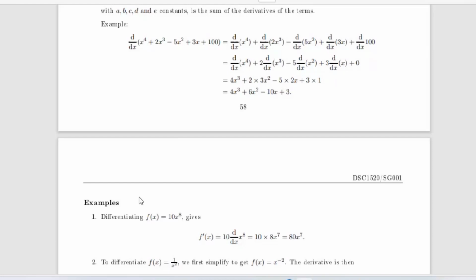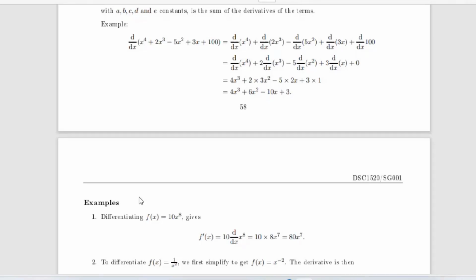Let me go back. Moleman, what did you get as an answer? It should be minus 2x to exponent minus 3. Margaret, what did you get? Minus 2x to the power minus 3.